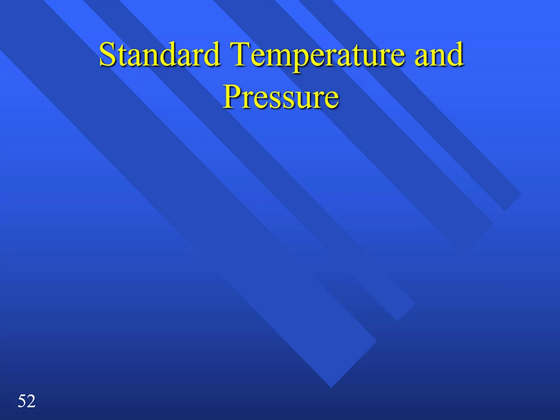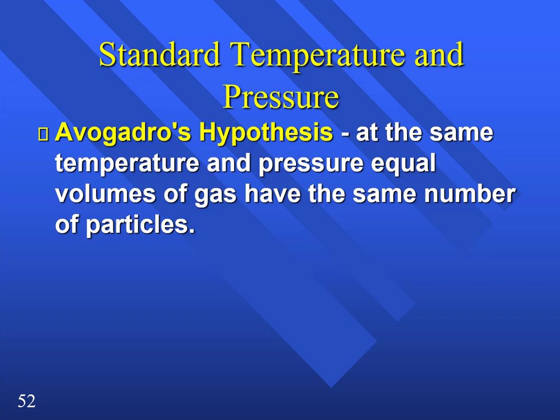And the reason why they worked so hard to pick the room is because of Avogadro's hypothesis. This is way back when Dalton was coming up with the idea of the atom. Avogadro came up with this idea. He's the one who figured out that if you had the same temperature and pressure, if you had equal volumes of gas, they would have equal numbers of particles.